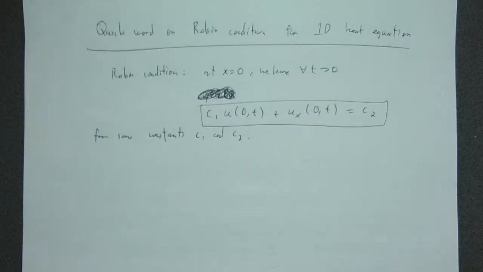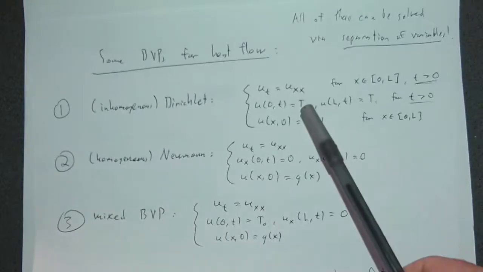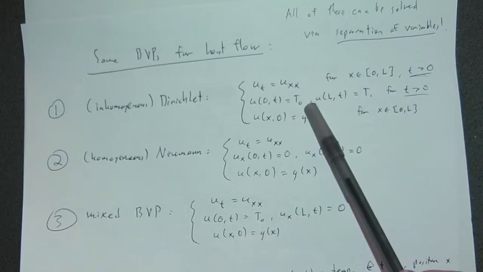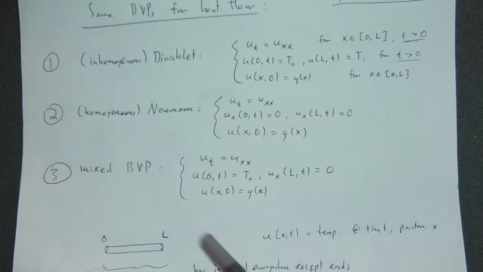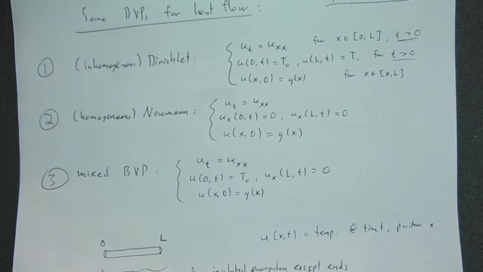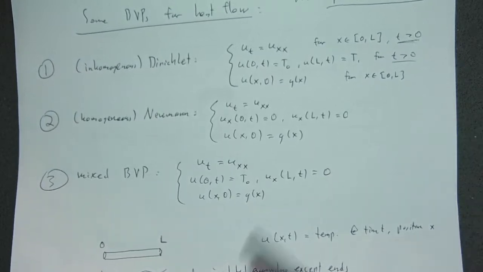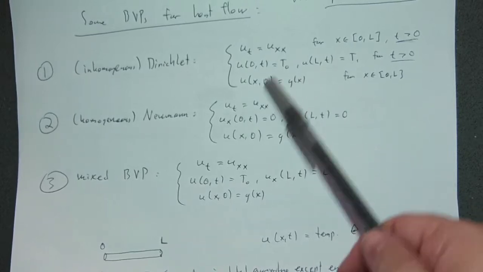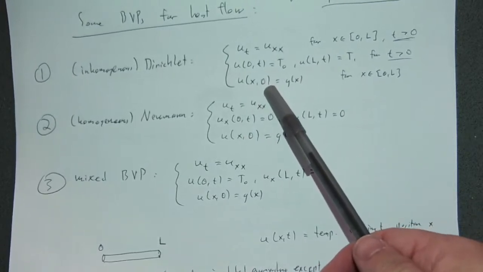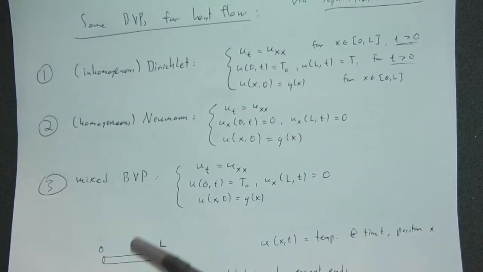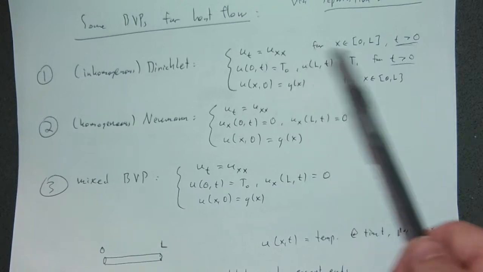So in the Dirichlet case, we were considering attaching the bar at its ends to these giant rooms or universes that had constant temperature T0 and T1, and then after some positive time t, right after this initial time, instantly the ends became these temperatures.